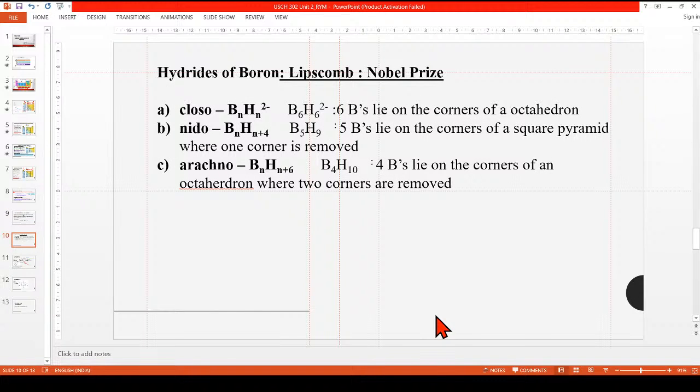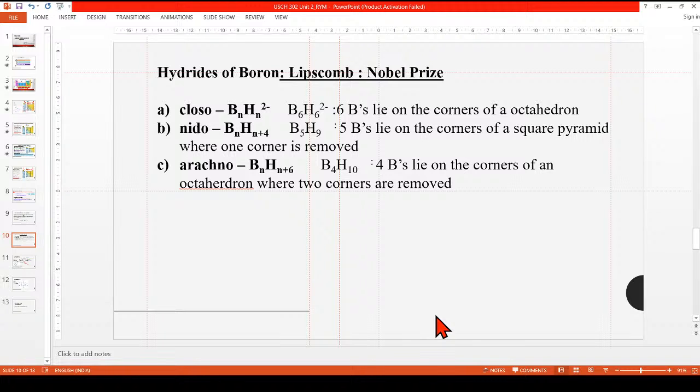Then in hydrides of boron, you have classification. Boron makes bonds with hydrogen and forms compounds.